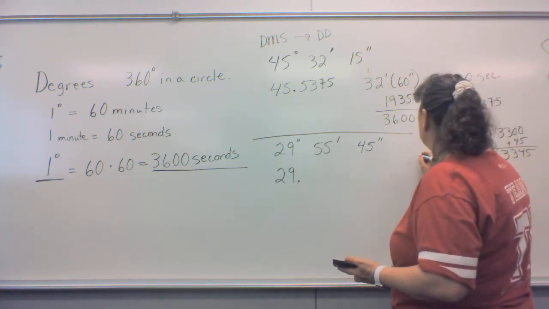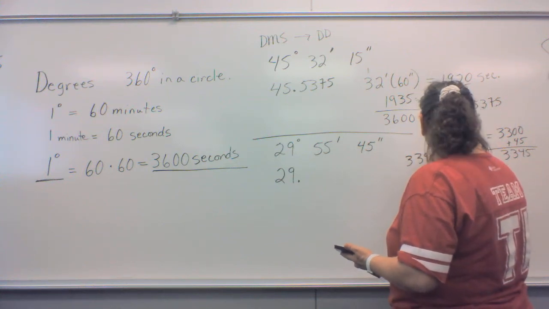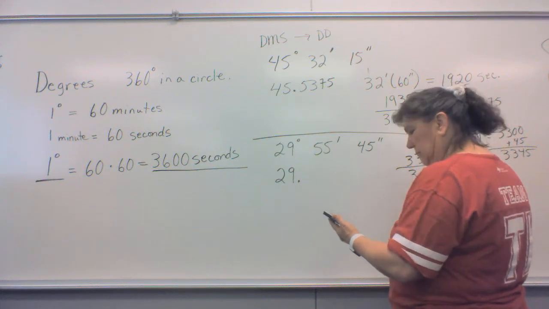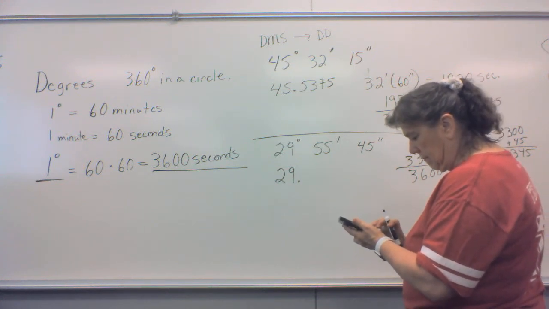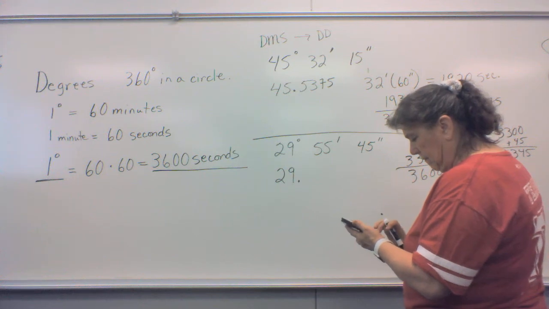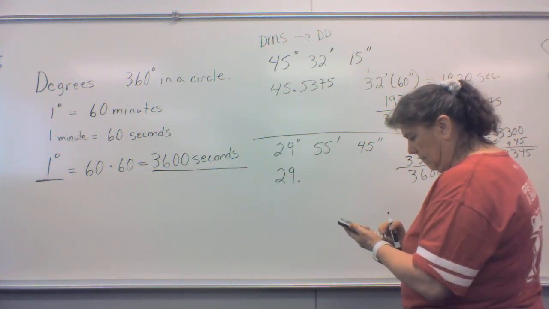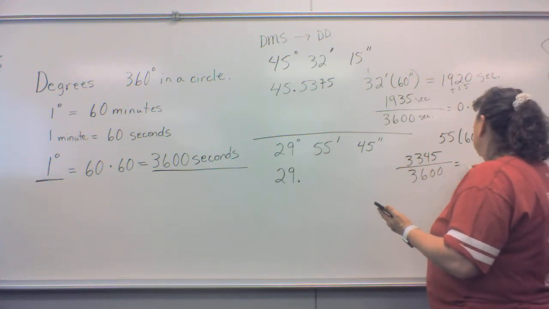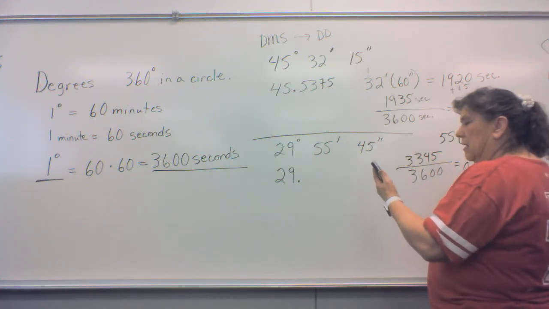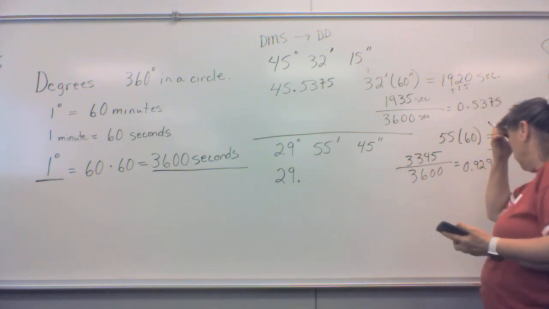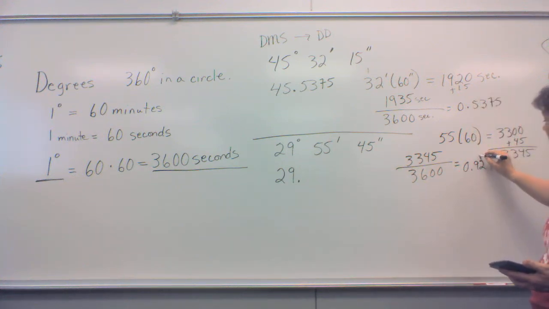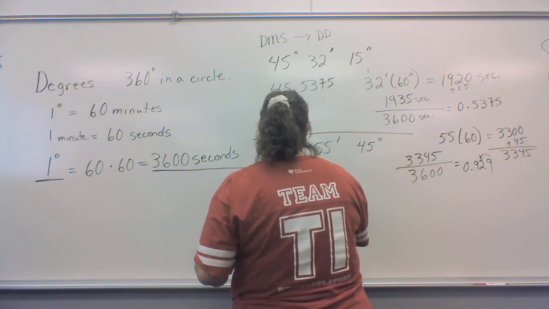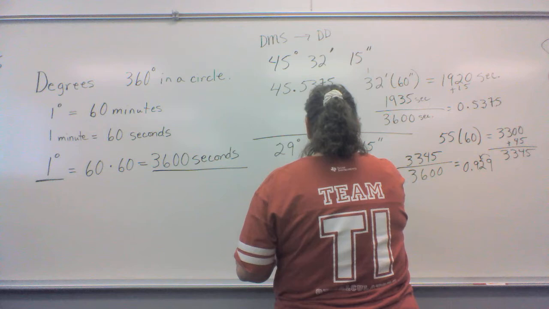Now you're going to take your 3,345 and divide it by 3,600. This is equal to 0.929. Okay, so we're going to round this up to 93 because it does not terminate. So 29.93 degrees.